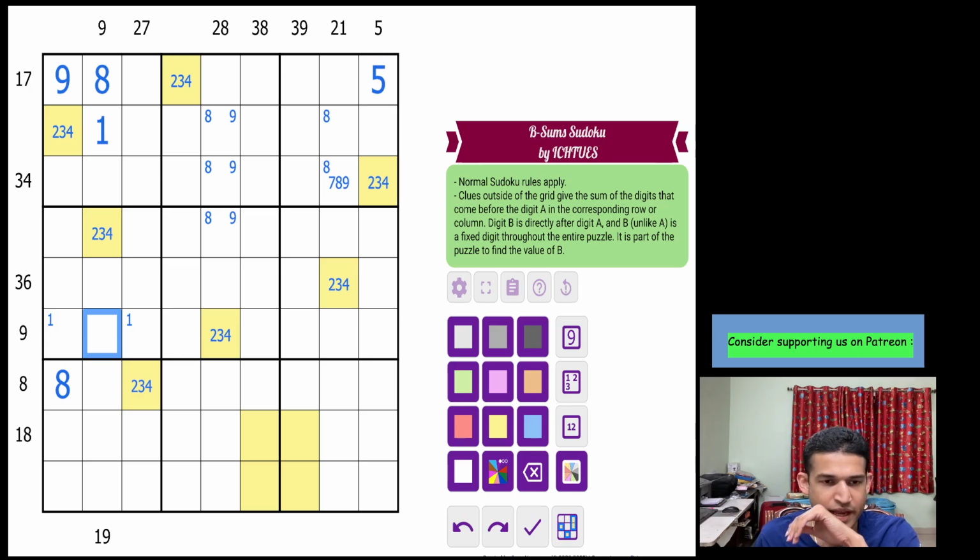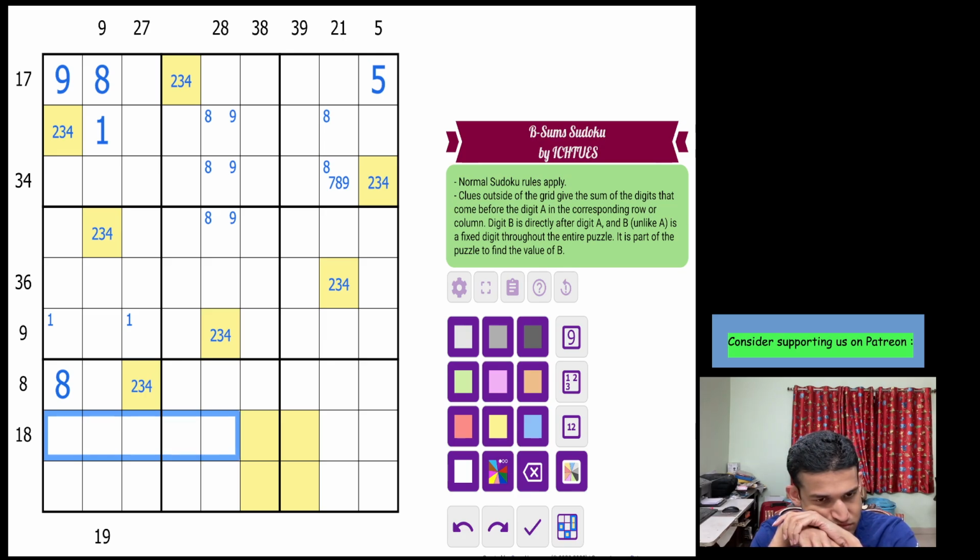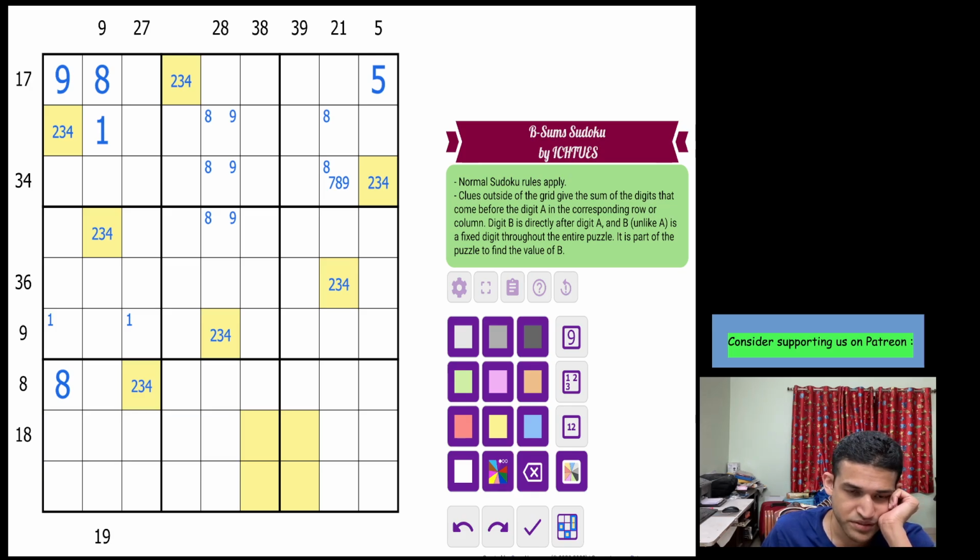Maybe something with the 18s. Wow. Okay, there's something really deep hidden here. So for the 38 clue outside column 6, if this is B and this is A, so all these cells will add up to 38 and these cells will add up to 7.